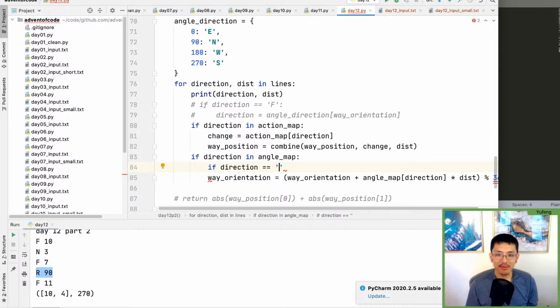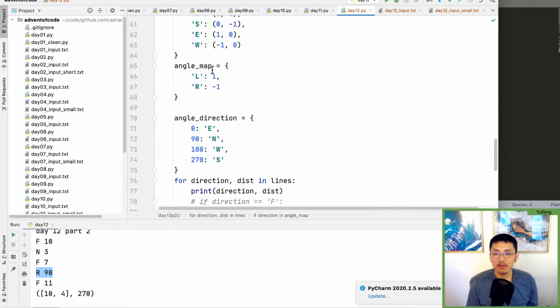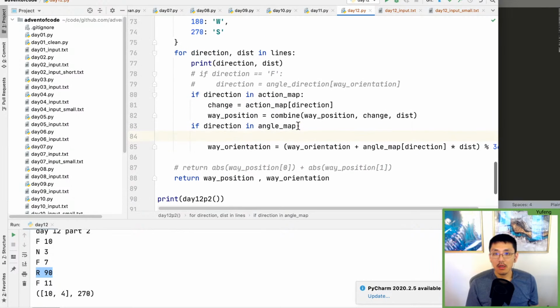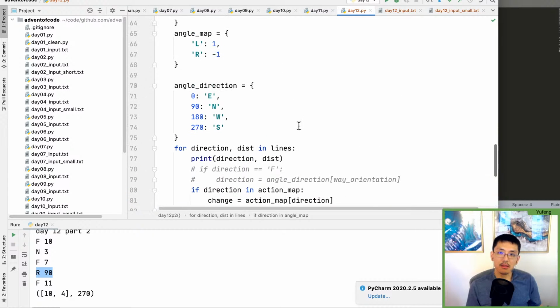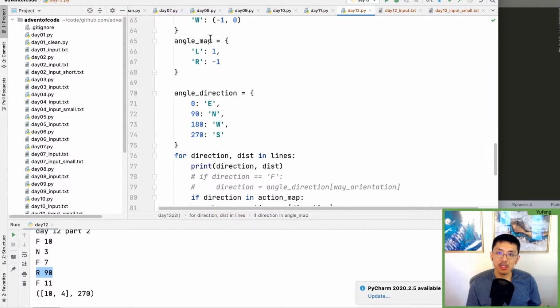We always swap x and y. It's more a question of do we negate y or do we negate x? Okay, so if direction in angle map, negate x, negate y. So let's change angle map then.